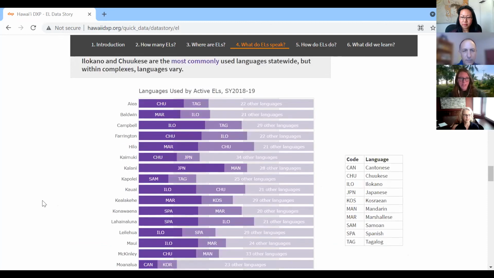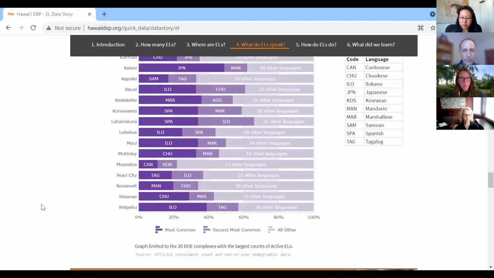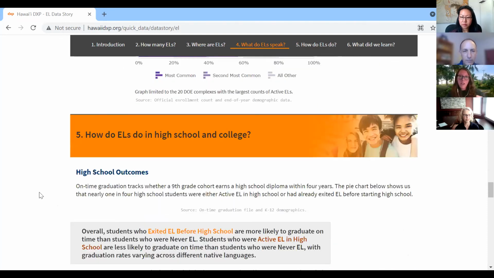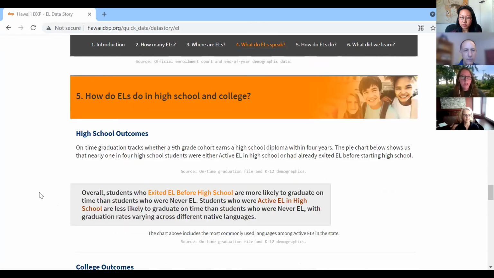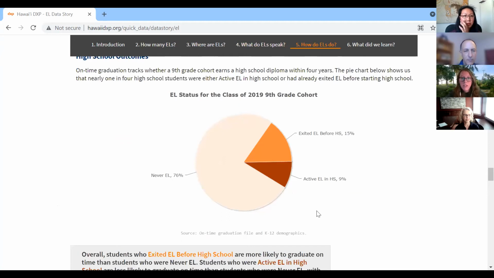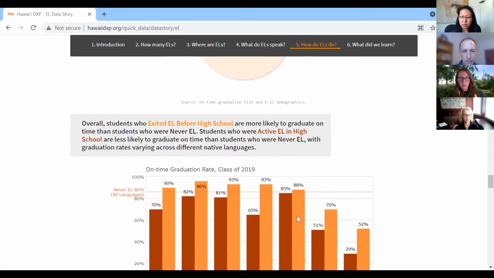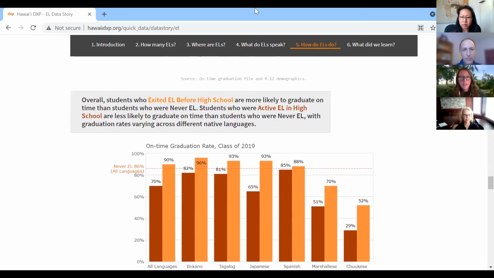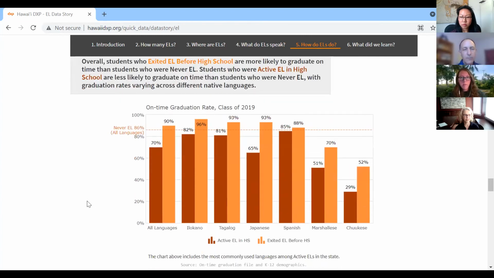Again, further disaggregation of region, but here is where they figure out how the ELs are doing across these different groups. What's really interesting here is that students who exited EL services before high school are more likely to graduate on time than students who were never EL.